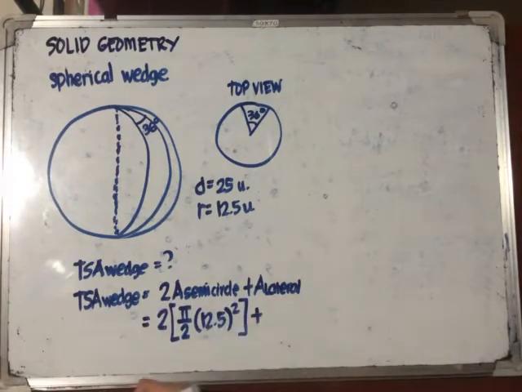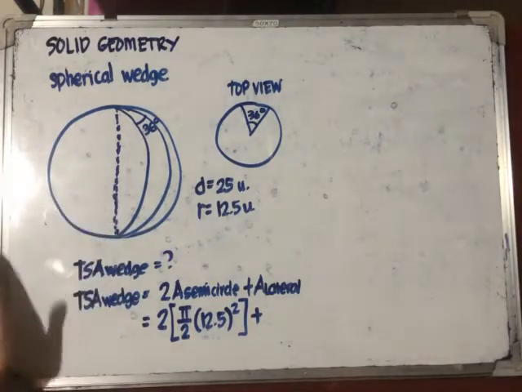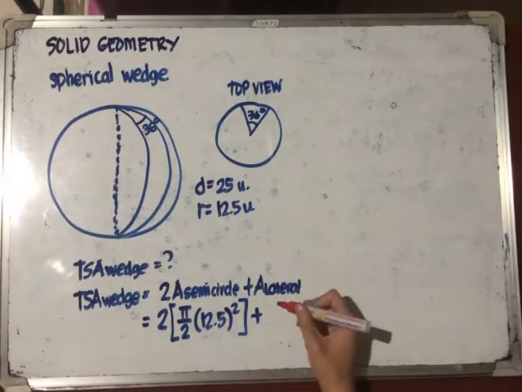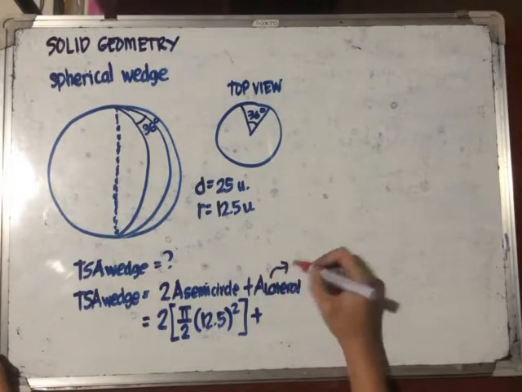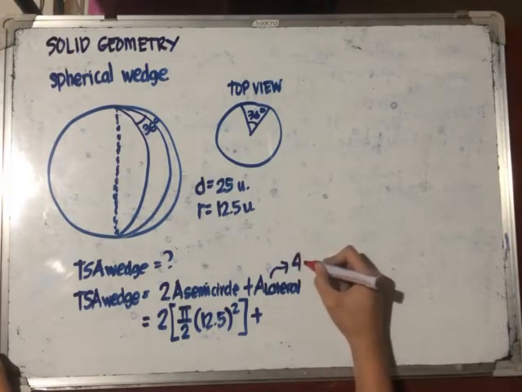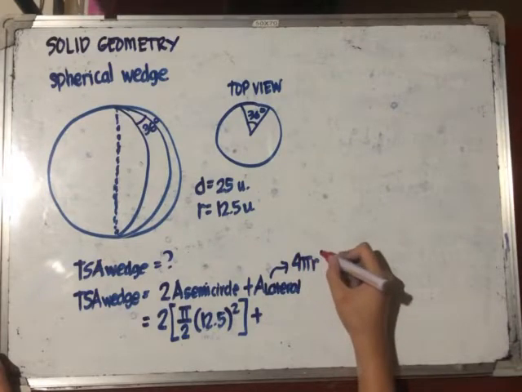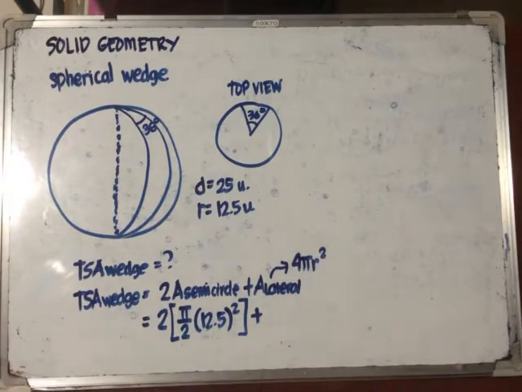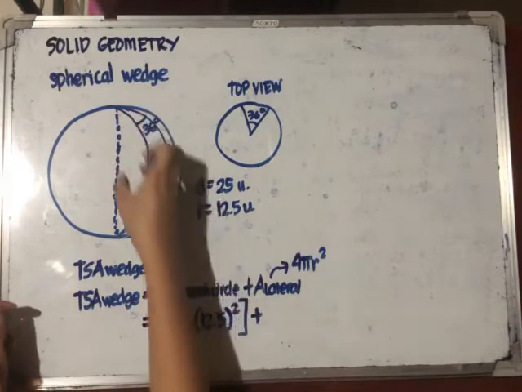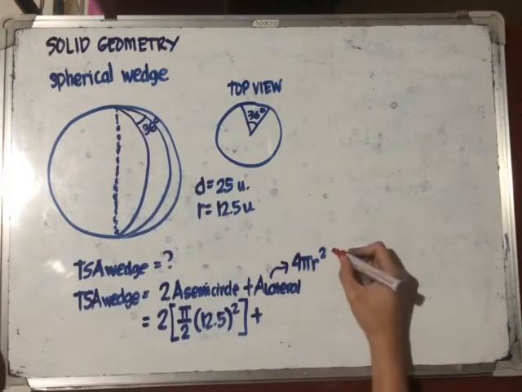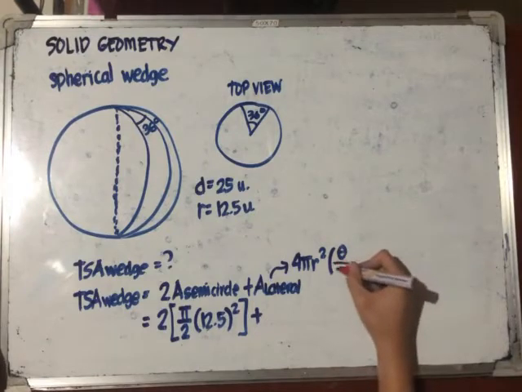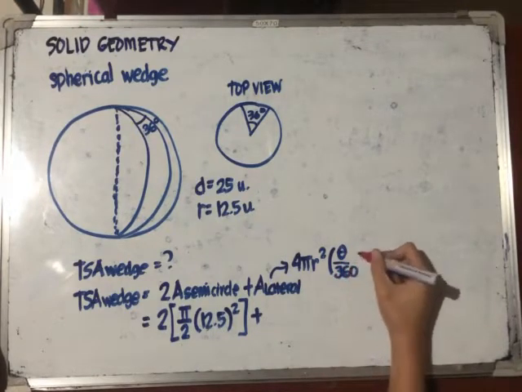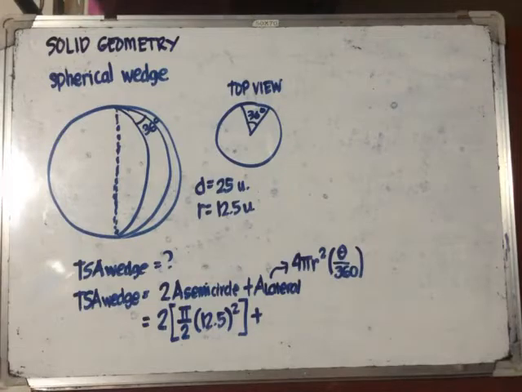Ang lateral surface area naman natin is hindi nyo kailangan memoryahin kasi this is something very familiar to you. Okay? Do you remember the area of the sphere? Area of the sphere is 4 pi r squared. That's for the whole sphere. But since you are taking just a wedge of it, you need to have it proportional to how many degrees lang ang magiging dihedral angle niya.